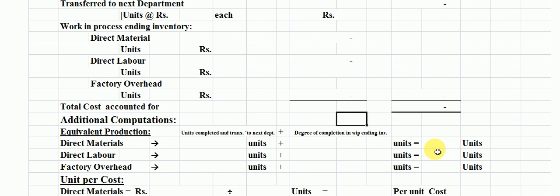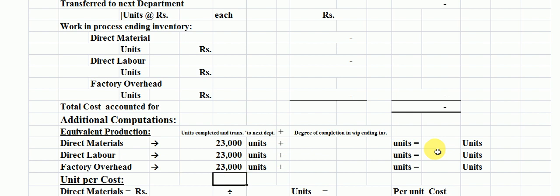This is the fourth section, additional computation, in which we find the equivalent production as direct material, direct labor, and factory overhead. The units which are transferred to the next department are 23,000, and 23,000 in all.